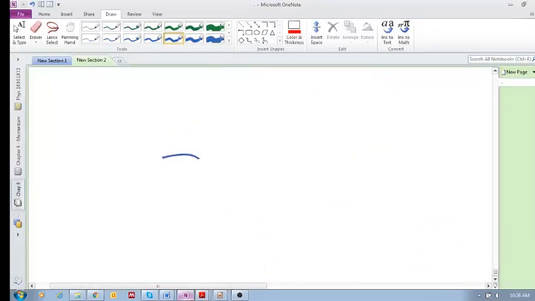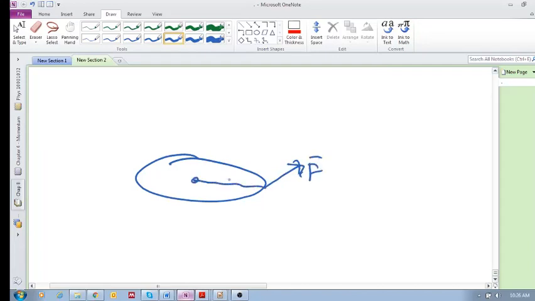If you've got an object again, and you've got force pointing in some direction, and you've got your radius there, both of those are vectors, and you want to calculate the torque, we know that it's R cross F, and the magnitude, tau, is RF sine theta.